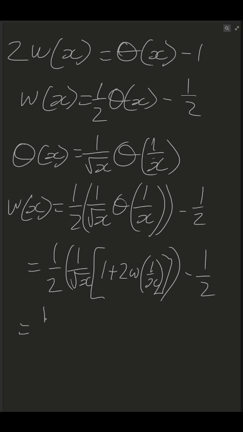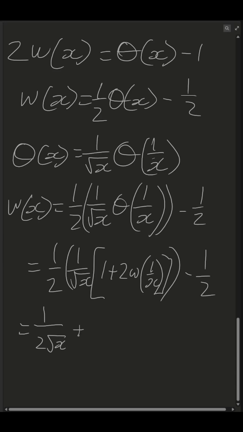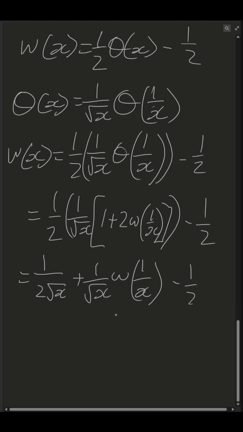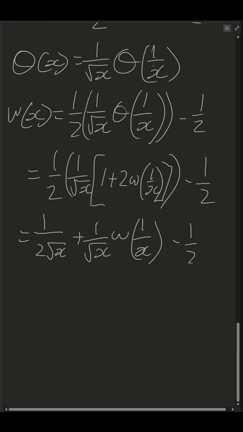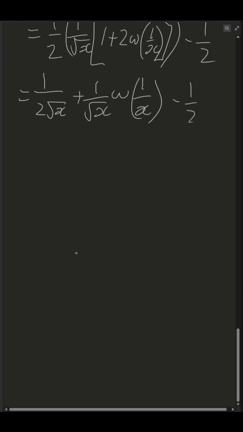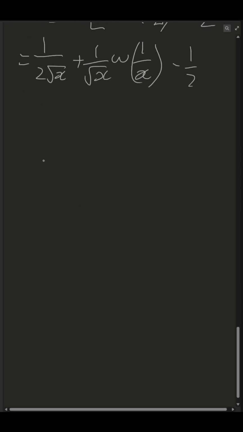Which is 1 over 2 root x plus 1 over root x w of 1 over x minus half. There, that looks correct. We'll see if it's not correct if I don't end up with the correct continuation.